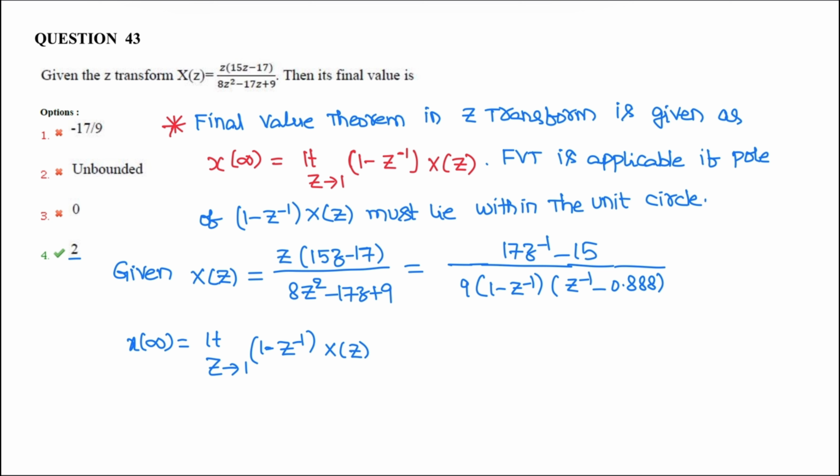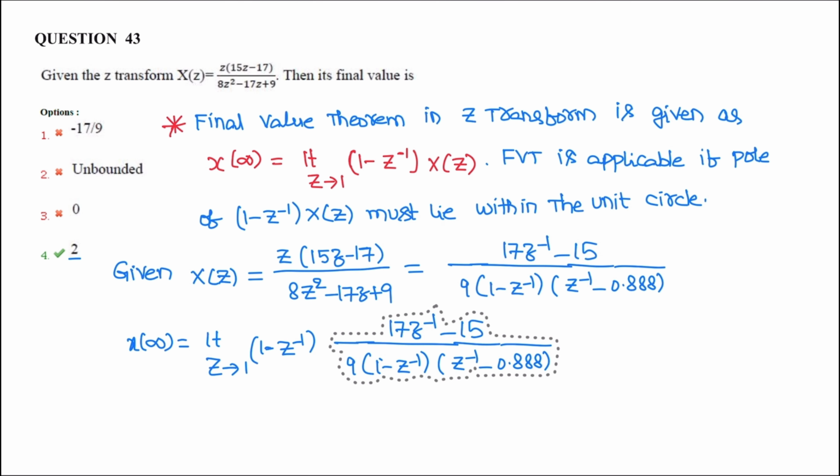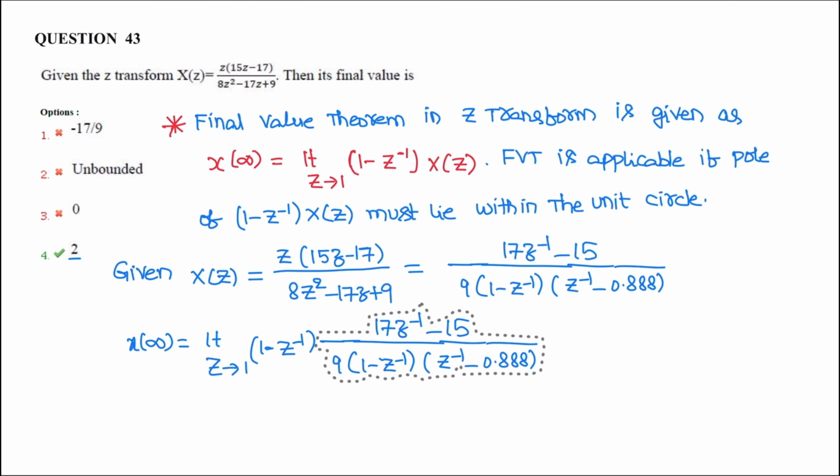Replace x of z with the entire expression, that is 1 minus z inverse times 17 z inverse minus 15 divided by 9 into 1 minus z inverse minus 0.88.